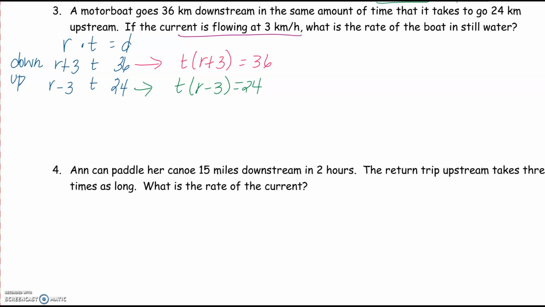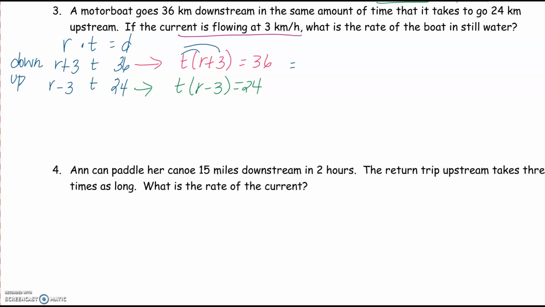Okay, so in this one, if we were to get rid of the T in each of those equations, we'd have some type of fraction. Like in the top one, we'd end up with R plus 3 equals 36 over T, or in the second one, R minus 3 equals 24 over T. So this time, we're going to go ahead and distribute the T into the sum.